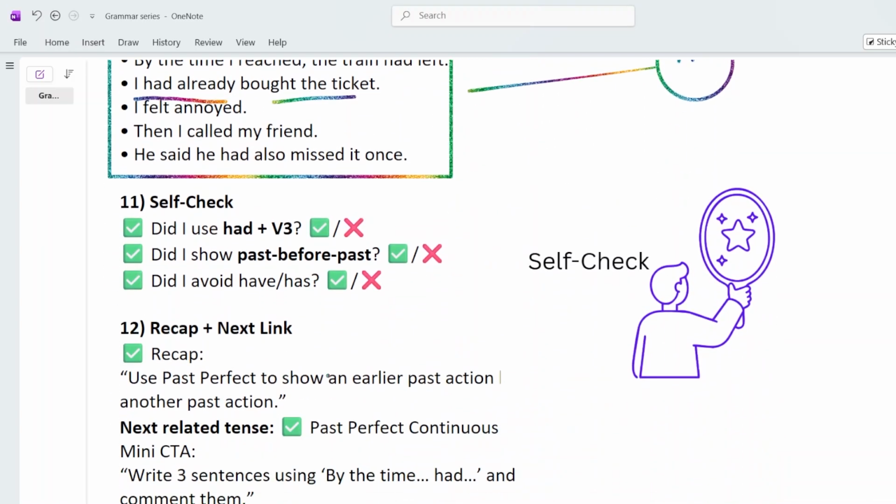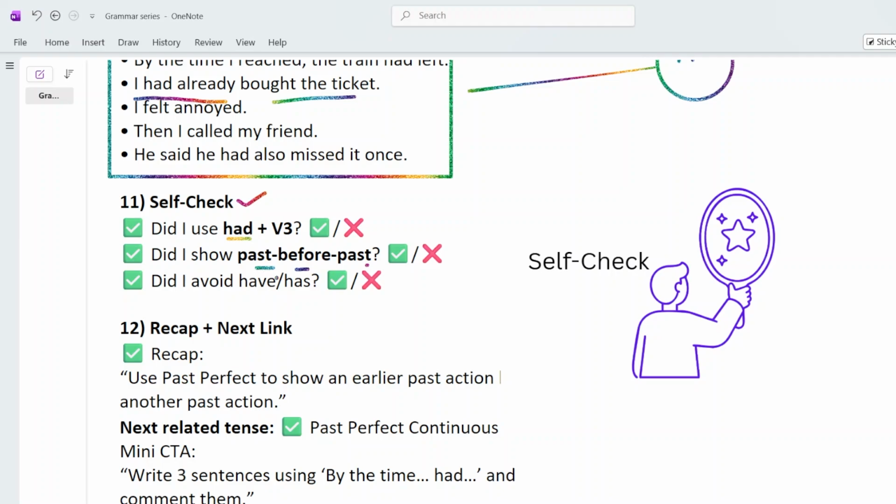Okay. Great. A self check section for you. When you're looking at using past perfect tense as your grammatical tool, you have to see whether you used this particular verb, that is the auxiliary verb, that is had, plus your verb 3 form. Did I show past before past, which means, did I tell that there are two actions present in the same sentence?